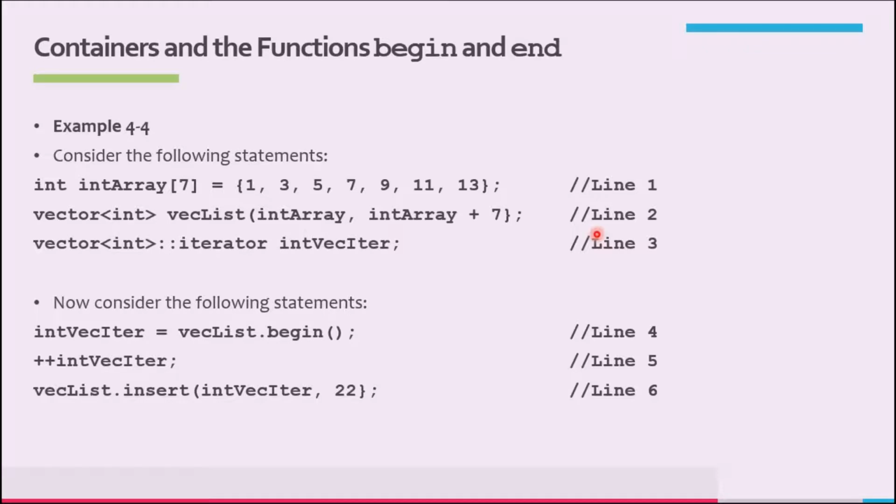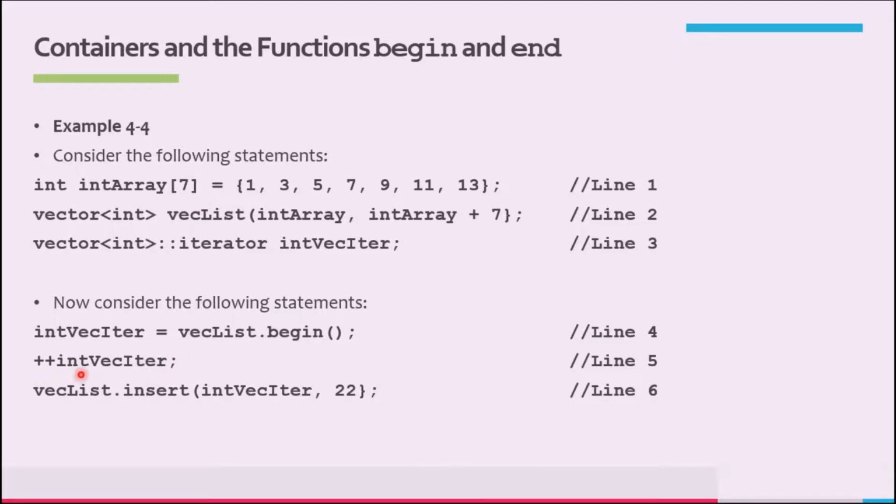Now consider the following statements: intVecIter = vecList.begin(); on line 4, then ++intVecIter; on line 5, and then vecList.insert(intVecIter, 22); on line 6. Line 4 initializes the iterator intVecIter to the first element of vecList via begin. The statement in line 5 advances intVecIter to the second element of vecList.